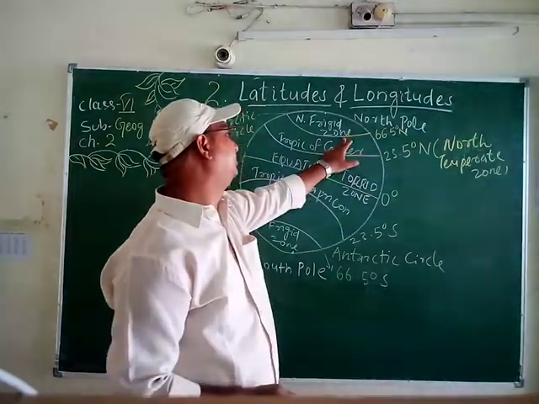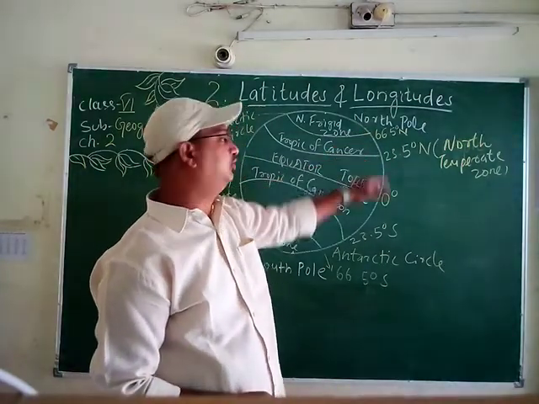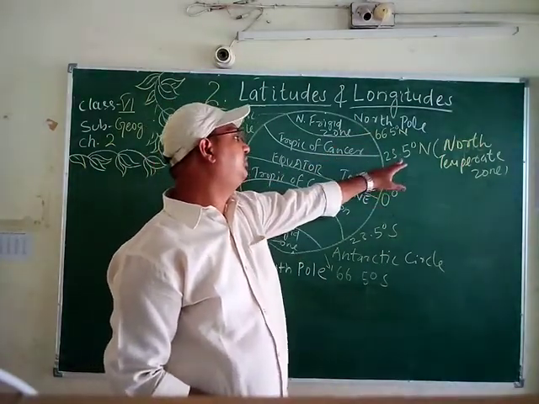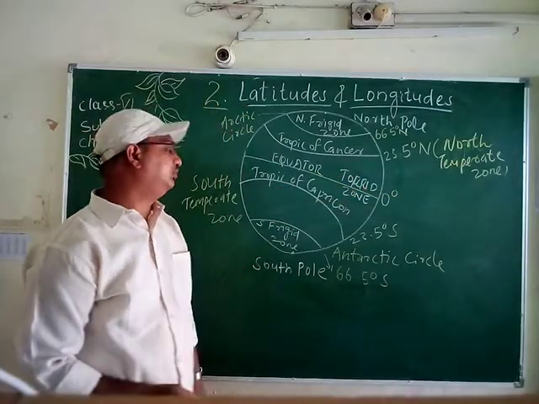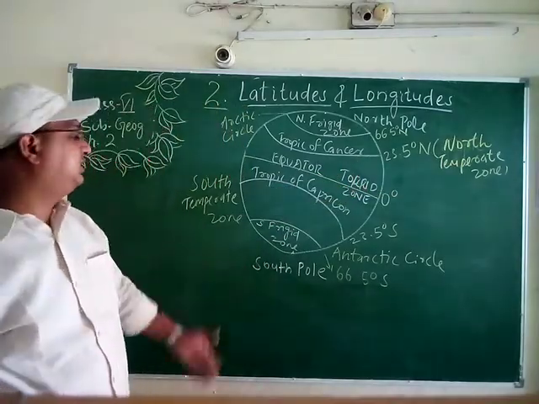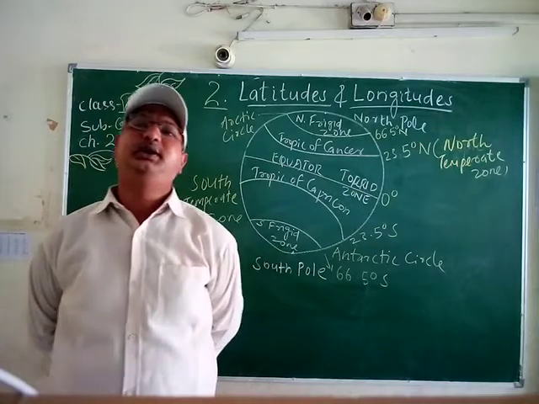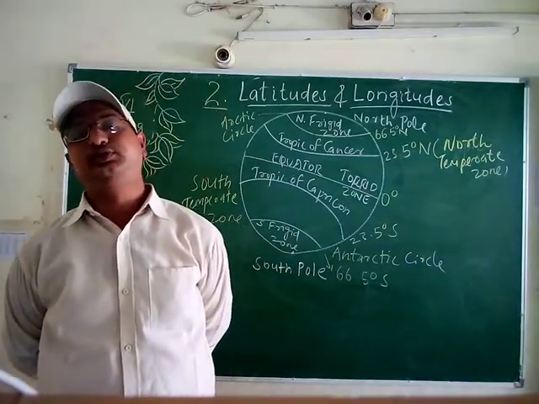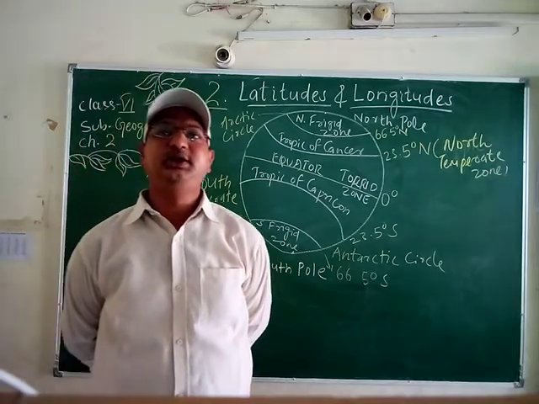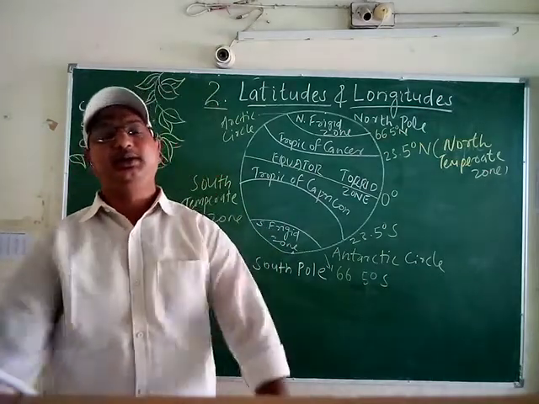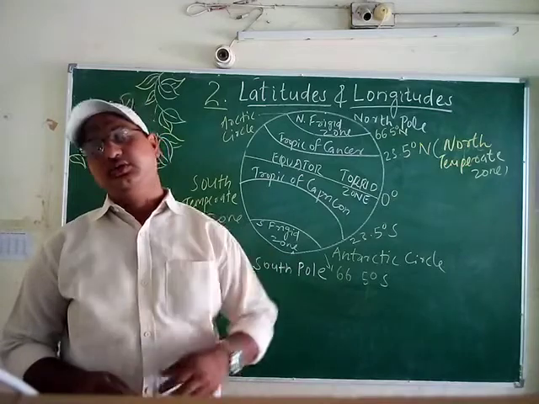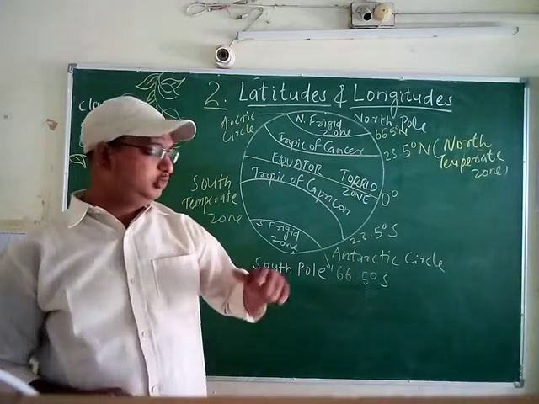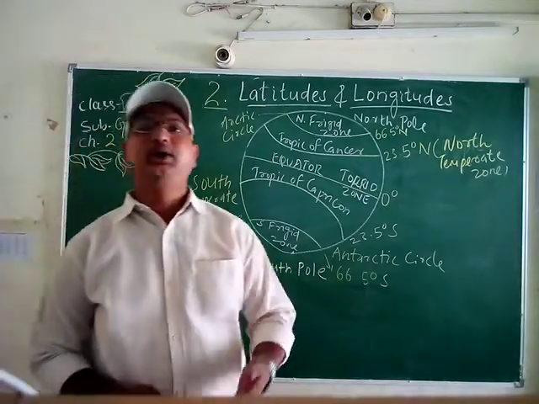66.5 degrees north represents the North Frigid Zone, and lower than that, 23.5 degrees north, is the North Temperate Zone. As I have written here, you may understand that as one moves north or south of the parallels, gradually we keep getting colder, because as we go higher to the North Pole or lower to the South Pole, we feel cold.